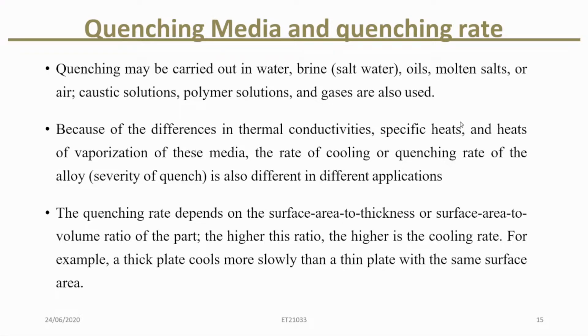Then the part shape and size matter to cooling, which depends on surface area relative to the thickness and volume. So there are two things, thin parts and thick blocks. When we consider thin parts, there is a big surface and small thickness, so it's very fast to cool.